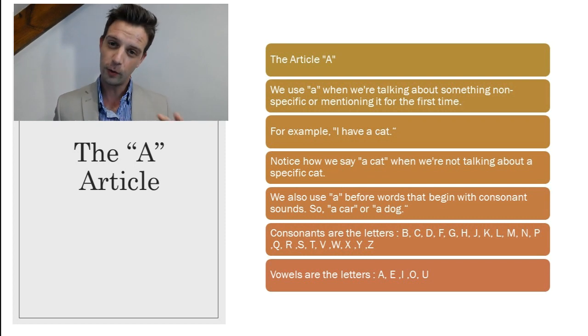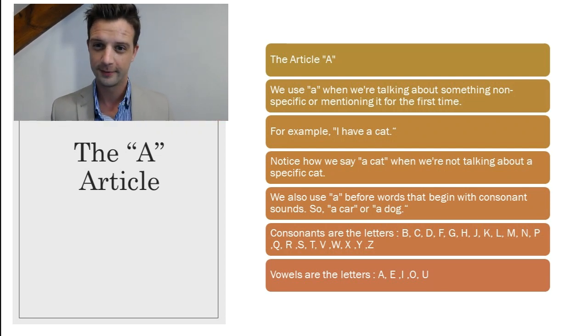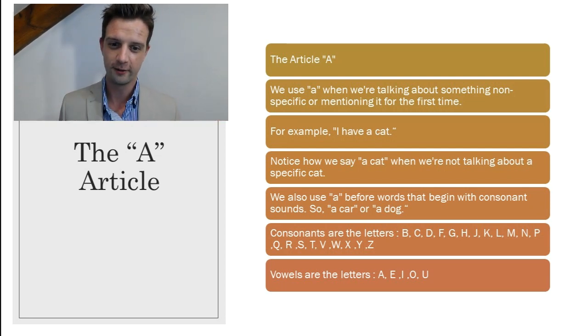Basically, these are all the sounds that are not vowels. And the vowel sounds are A, E, I, O, U. So if your noun starts with a consonant and we're talking about something general, not specific, we use the article a. A pen. Once again, I would like a pen.